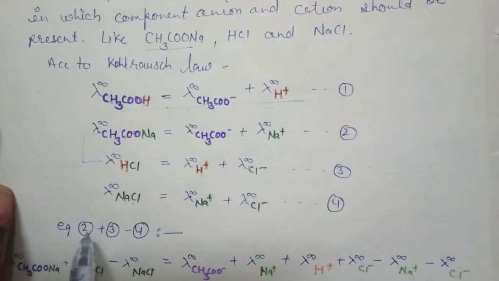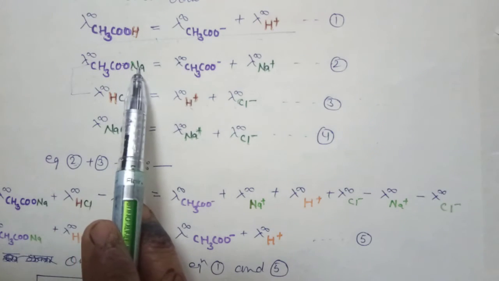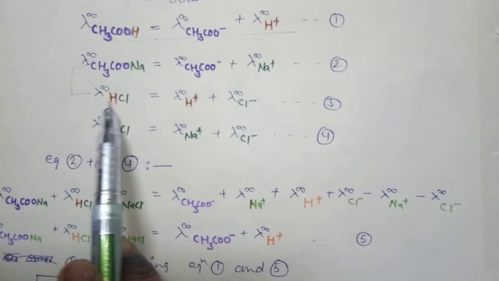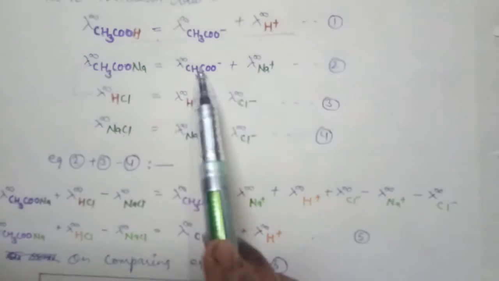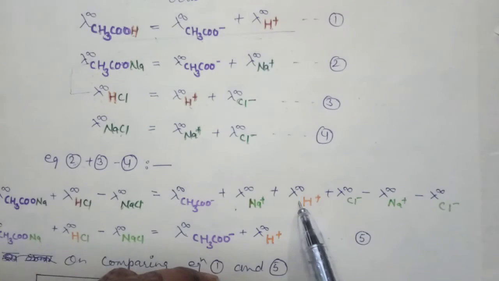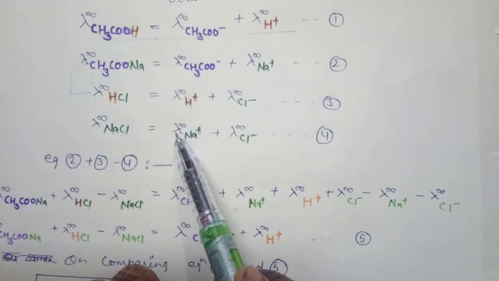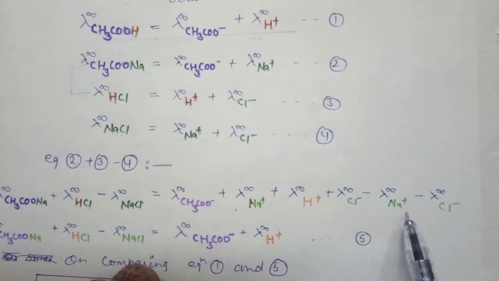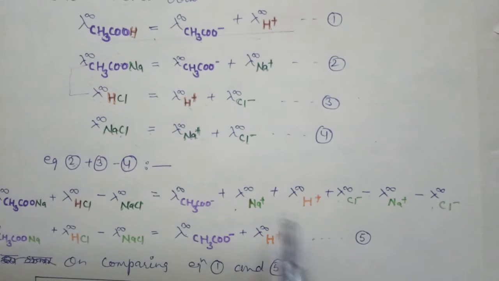So equation 2 plus 3 minus 4: lambda infinity CH3COONa plus lambda infinity HCl minus lambda infinity NaCl is equal to lambda infinity CH3COO minus plus lambda infinity Na plus, plus lambda infinity H plus plus lambda infinity Cl minus, minus lambda infinity Na plus minus lambda infinity Cl minus. These are the values of equations number 2, 3 and 4.